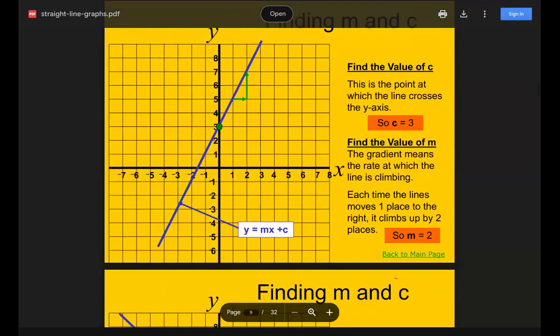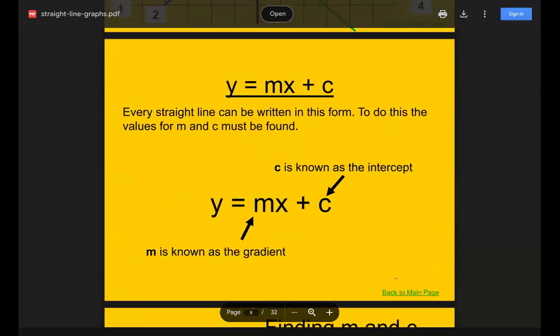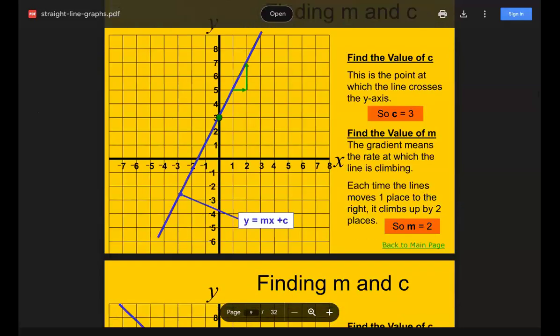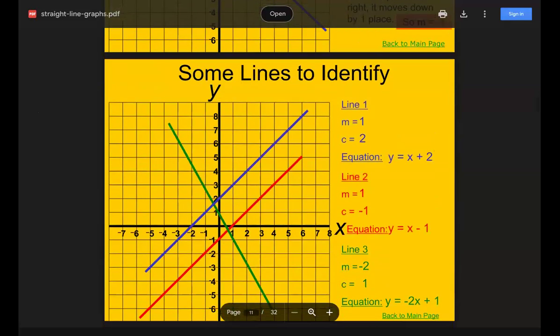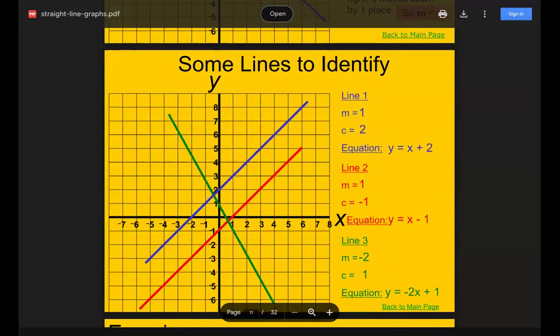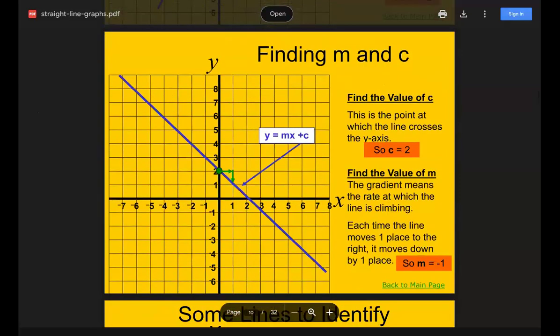Gradients could be positive or negative. When the graph goes up like this, m is positive. When it's going down, m is negative. Now let me ask you this question.